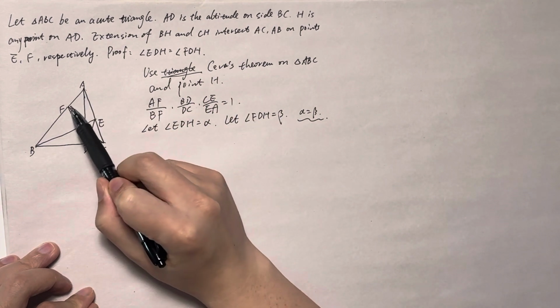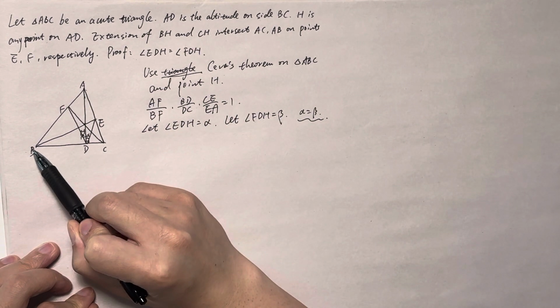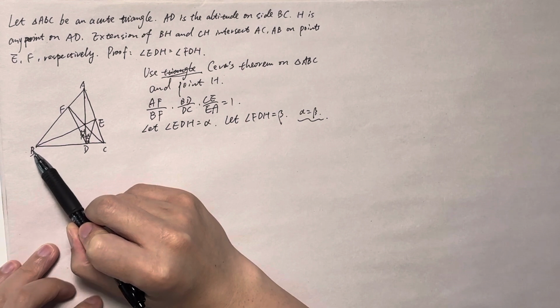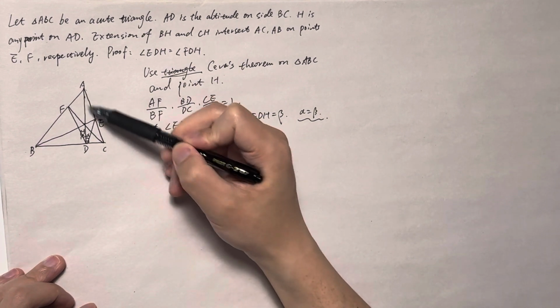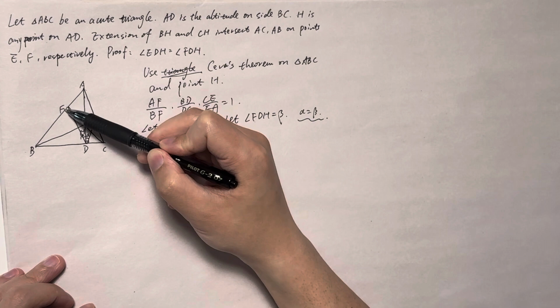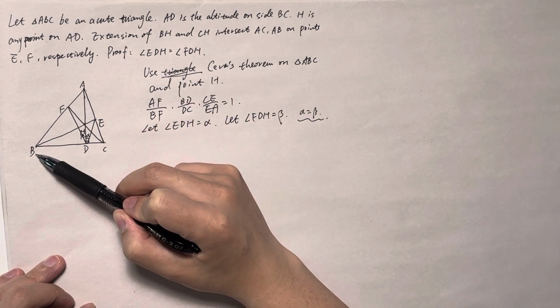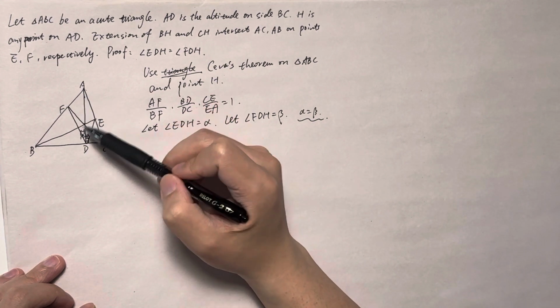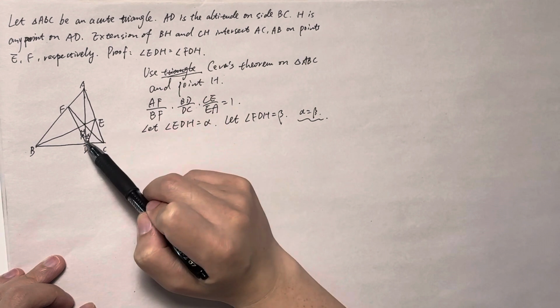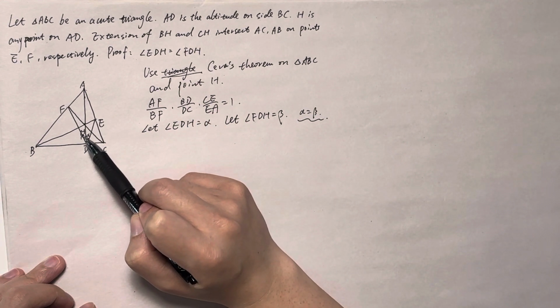So the ratio AF to FB can be translated to the area ratio of triangle ADF and triangle FDB. Once we translate it to the area ratio, then we can include the angle beta into it, right?